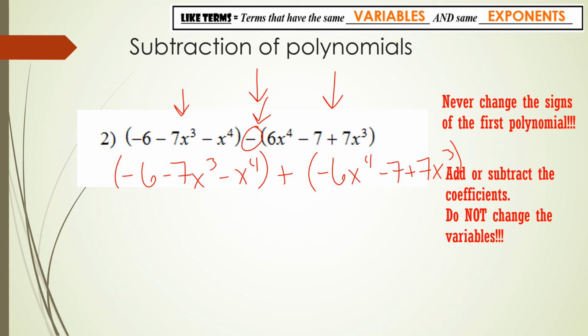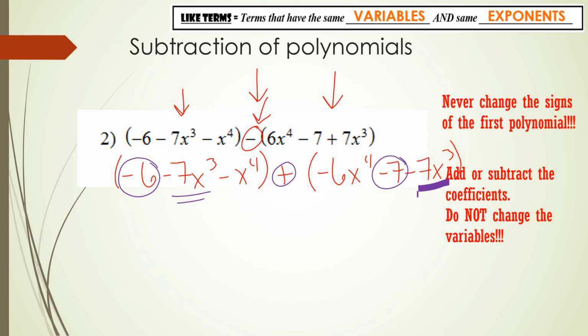And now that I've changed it to addition, I can now just identify like terms. So again, I have a negative 6 and a negative 7. I have a negative 7x to the third and another, let's see, I just noticed I made a mistake here. This should be a negative 7x to the third as well.